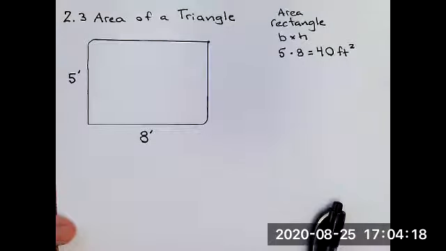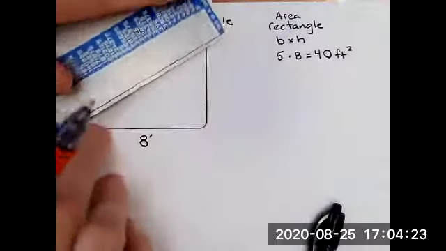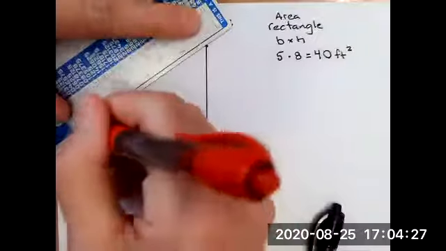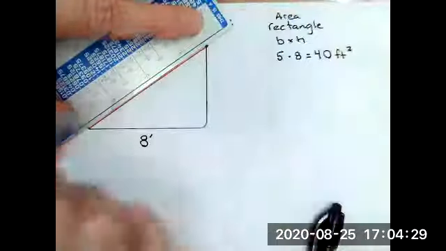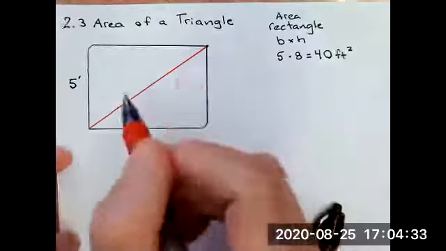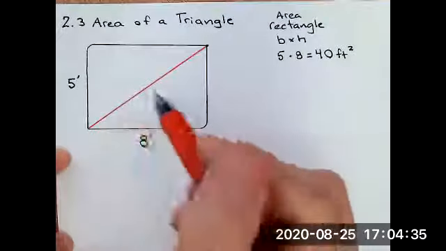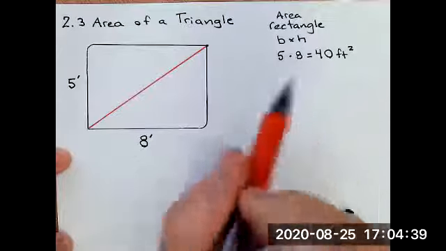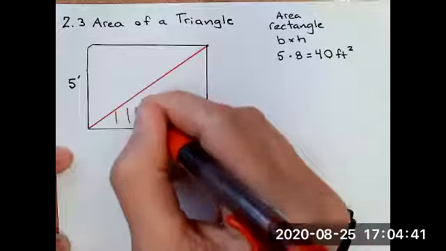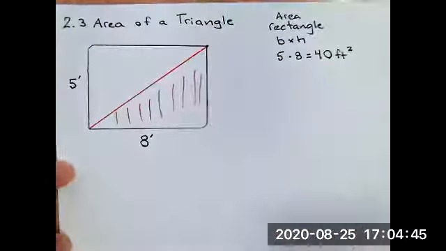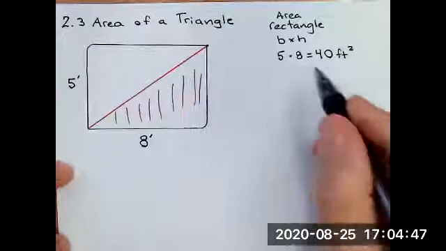So how do we find the area of a triangle? Well, if we cut this rectangle in half, you can see if the entire area is 40 square feet, then the area of this triangle is going to be half of that, or 20.